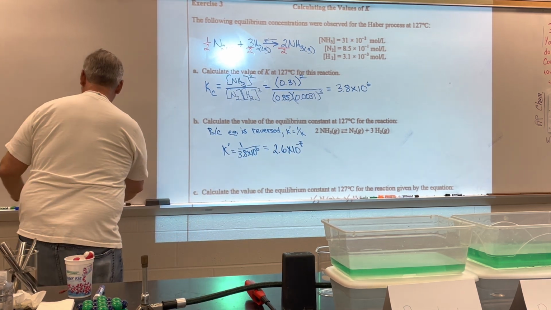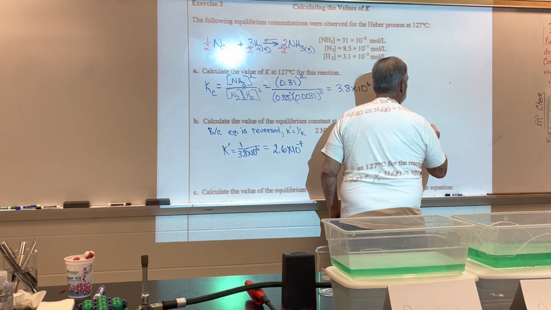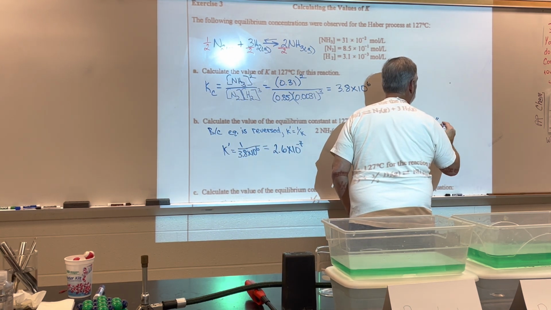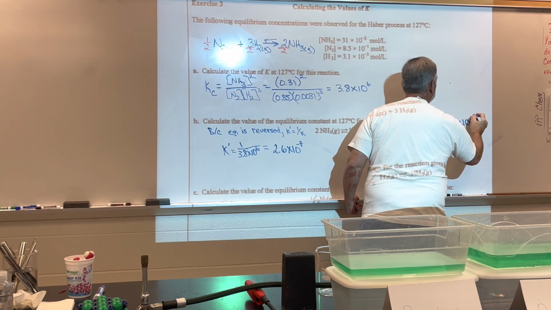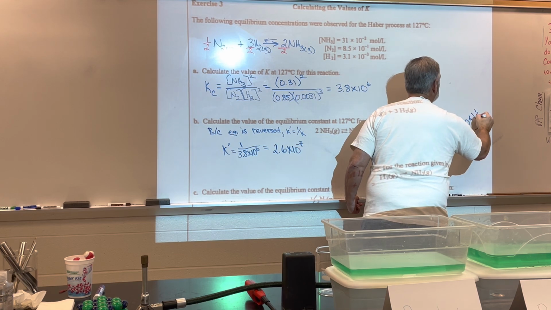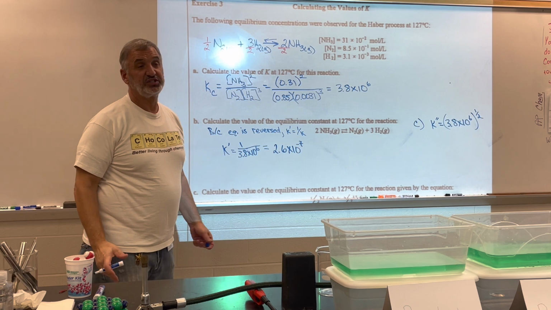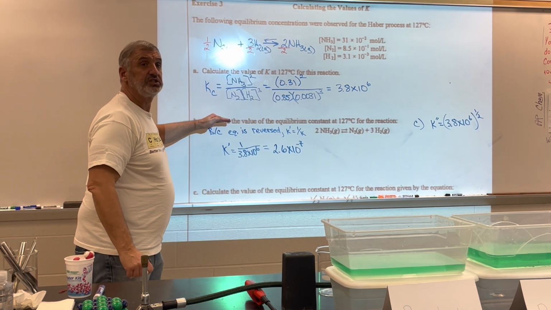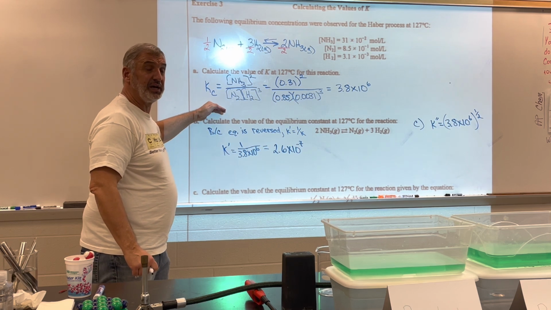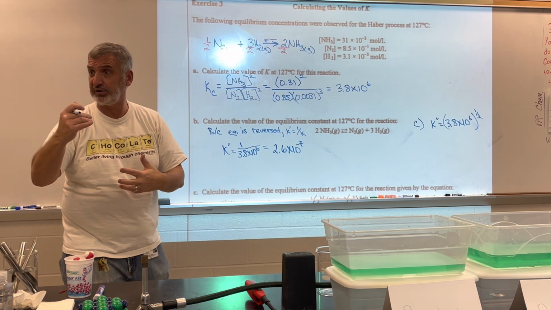So for C, K double prime is going to equal 3.8 times 10 to the 6th, raised to the 1/2 power, which is the square root. Whatever you do to the equation, if you multiply it, because coefficients are your exponents, you raise the value of K to that power.